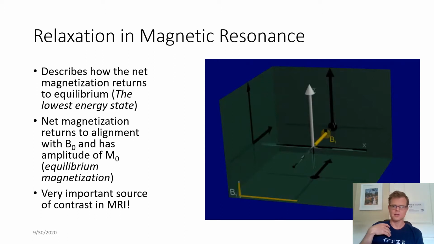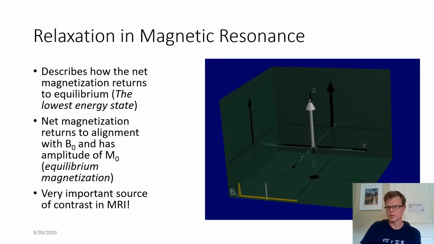And the process of relaxation by which the net magnetization returns to equilibrium is actually a very important source of contrast in MRI. That's why this is introduced very early in this textbook. And this is an animation illustrating the process of relaxation.